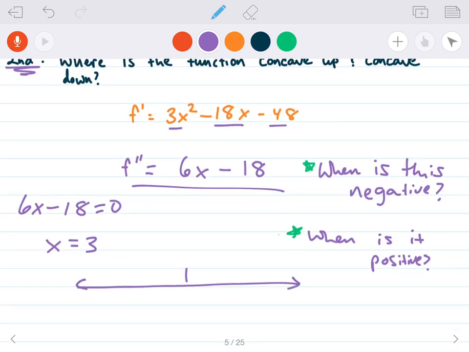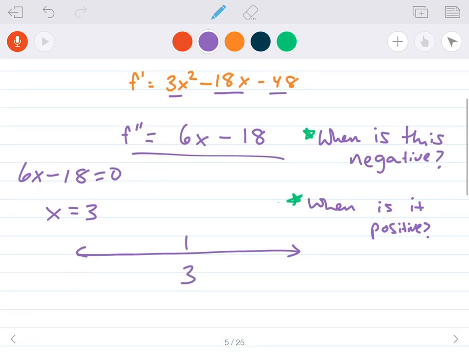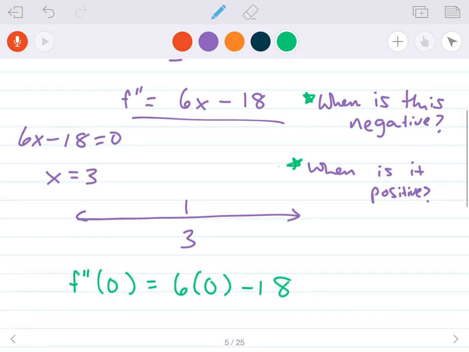So here's our number line. Here's x equals 3. Now, if I plug in something to the left of 3 into my second derivative, how about 0? If we plug in 0 for x, we end up getting a negative number.